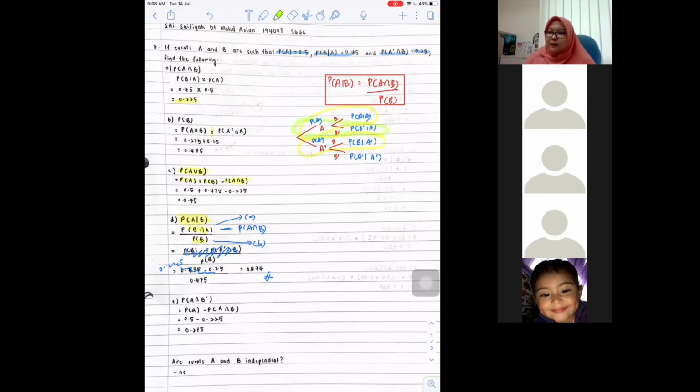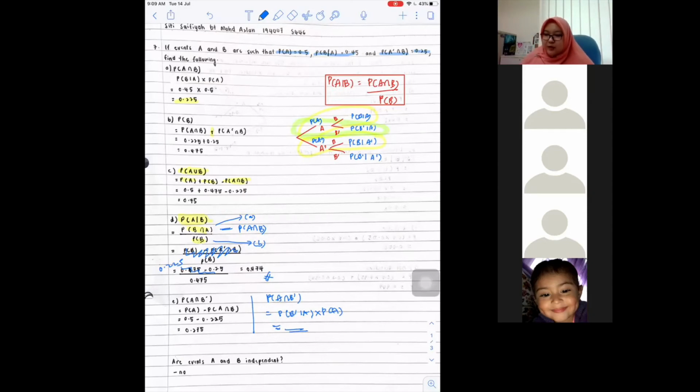Okay, multiply them, you should get the answer. So just multiply B complement given A with P(A).